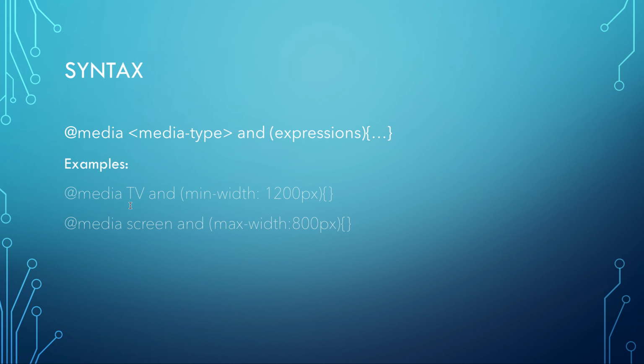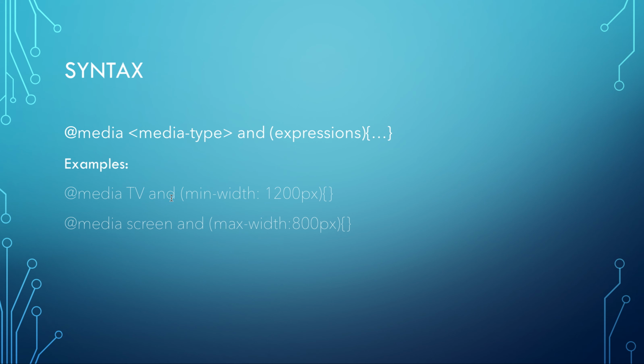So here are two examples. The first one, if you can see, I'm declaring that I'm using a media query, and then the media type is TV. That means that when the device is a TV, well, any TV device will fit in this description.